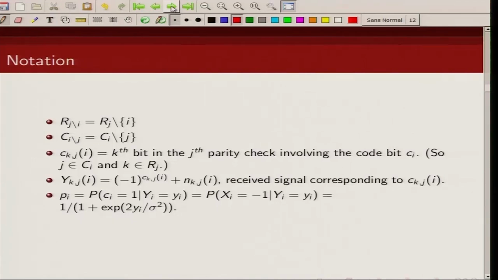Now for an AWGN channel, we can compute this probability that Cib is 1 given Yi. This can be given by this expression. And we denote by Pkj the probability that Ckj is 1 given a received sequence Ykj.